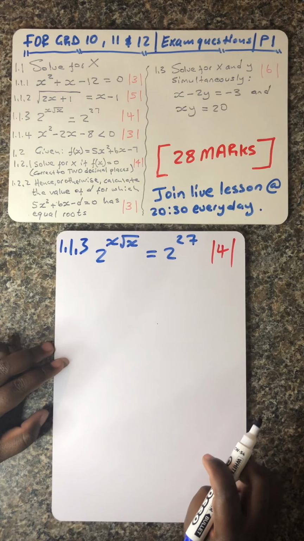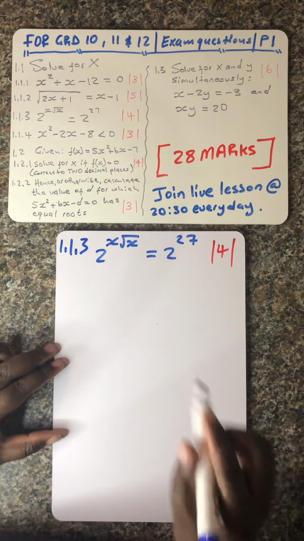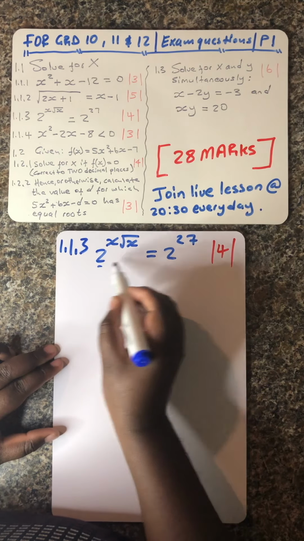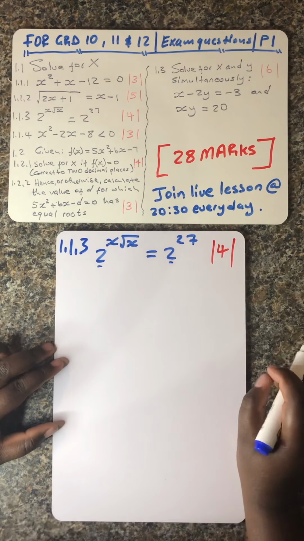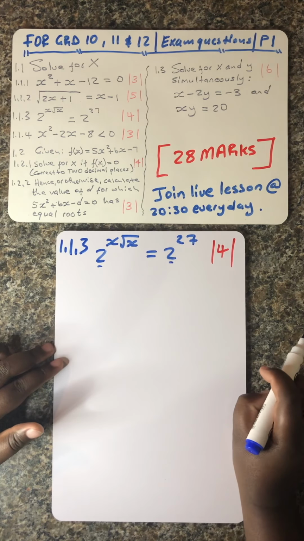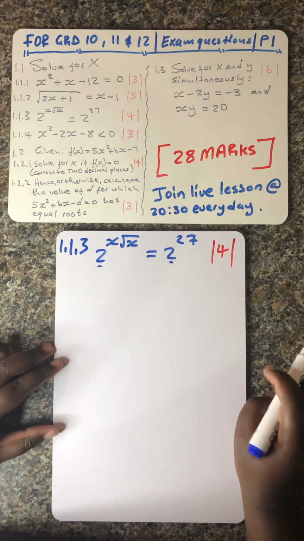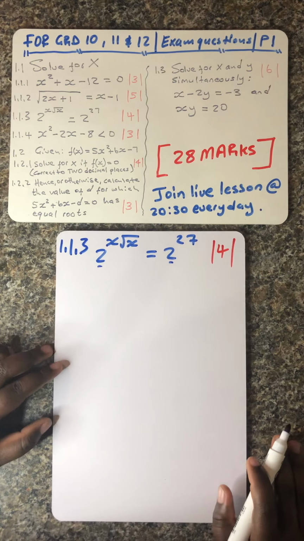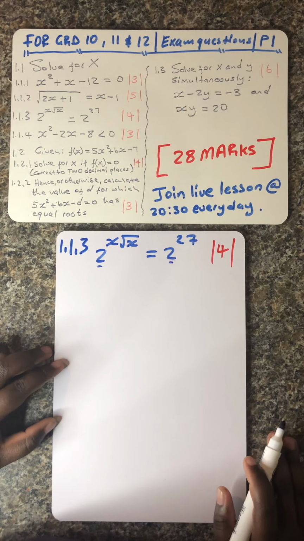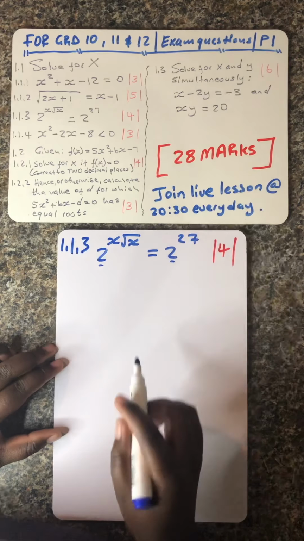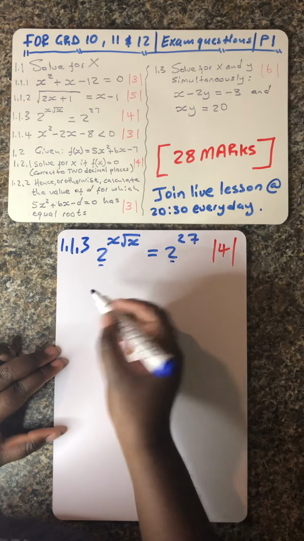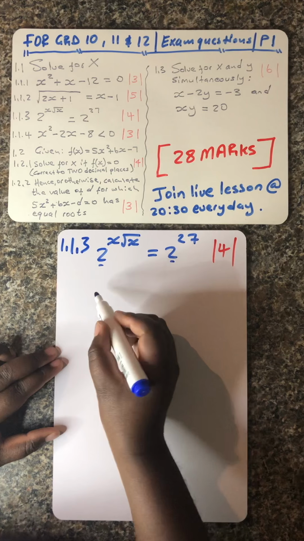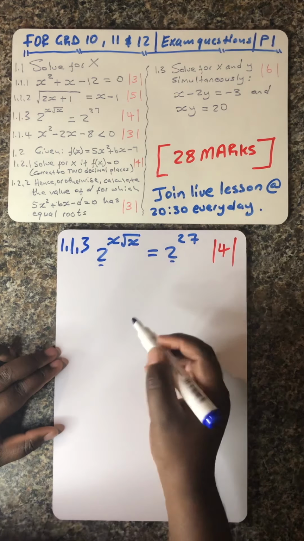Can you see the bases are the same, right? If the bases are the same, you can just drop those bases, and then from there you can work out the exponents. But otherwise, we can straight away work out those exponents, because whichever way you do it, it's acceptable and it will lead you to the same answer.